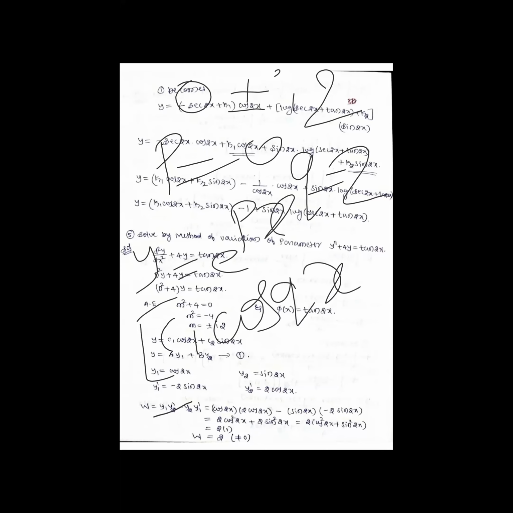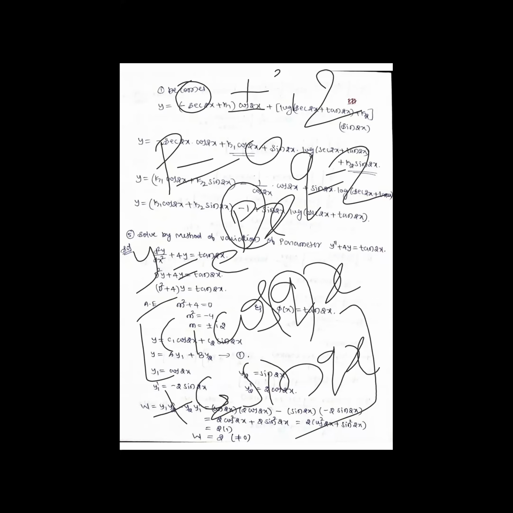So write p as 0 here and q as 2. After simplification, what we are getting is C1 cos of 2x plus C2 sin of 2x.